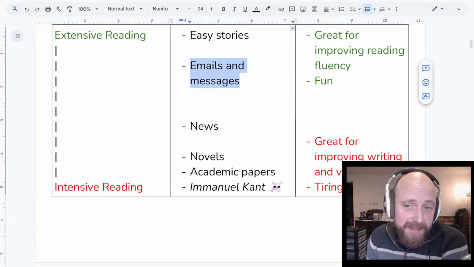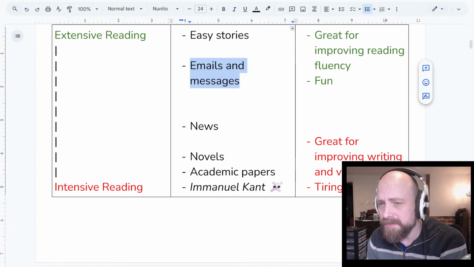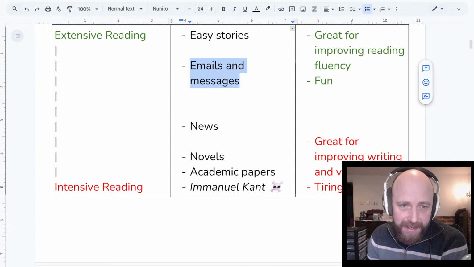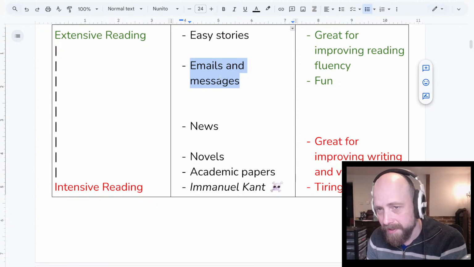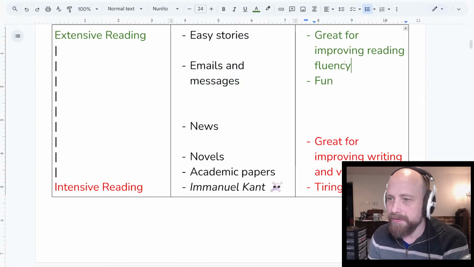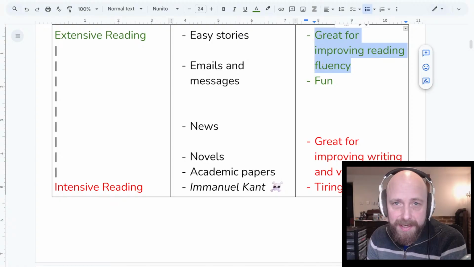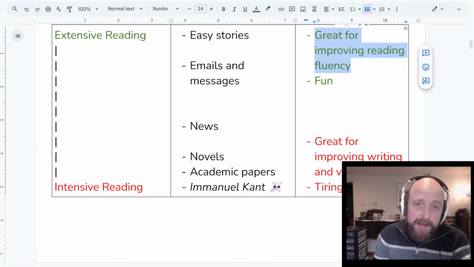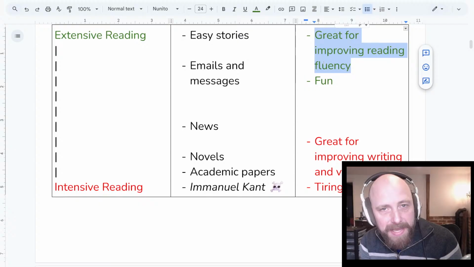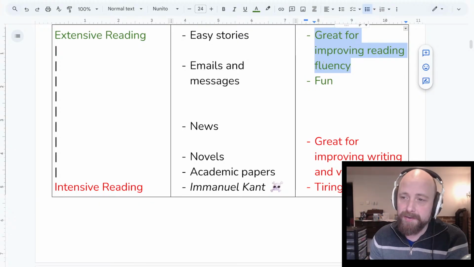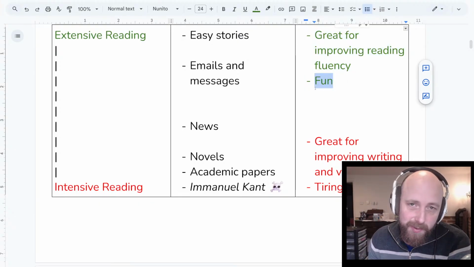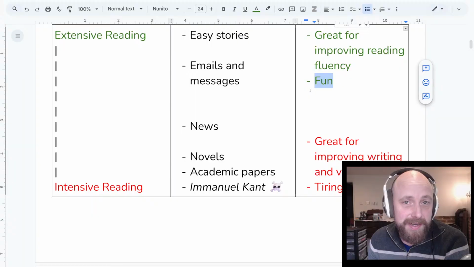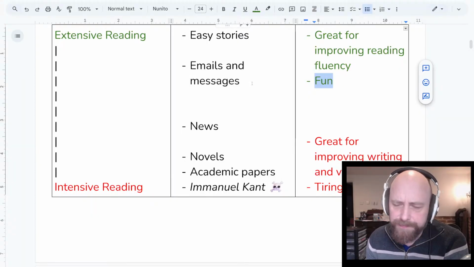It can be things like emails and messages, but basically, extensive reading is something that doesn't take a lot of energy, and it's quite easy to understand, and it's great for improving your reading fluency. It's good for consolidating your basic English grammar, and also it's fun. That's the critical part. Extensive reading should be fun, and you do a lot of it.